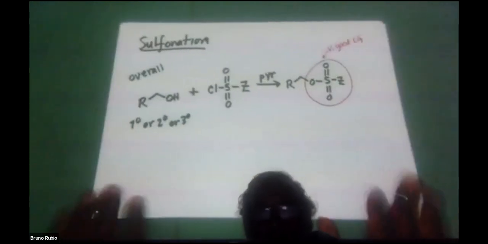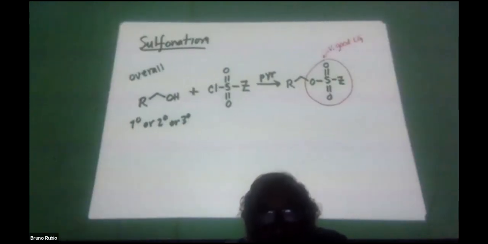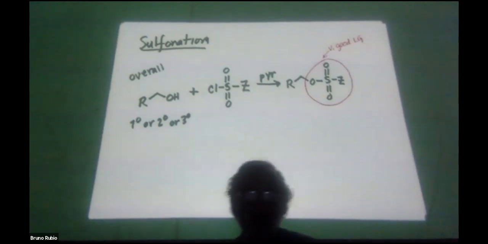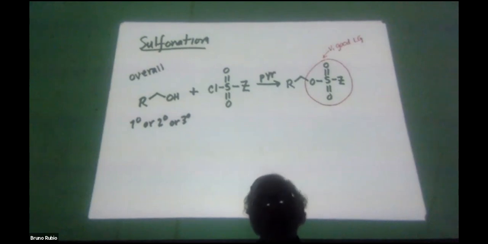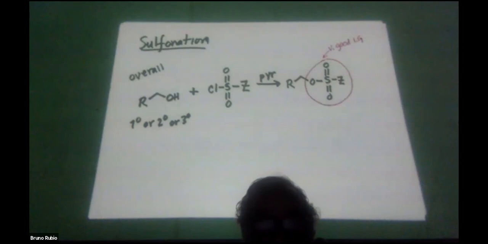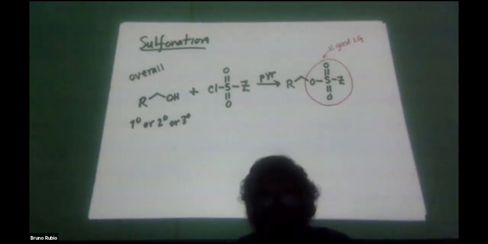This is called a sulfonate. This is not a leaving group maybe that you saw in any Orgo 1 class. This would be a new leaving group for you or for most of us. So that's a very good leaving group. So once again, this is a way of converting the OH group, which is a terrible leaving group, to something that's a good leaving group.